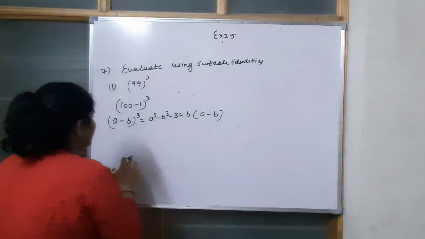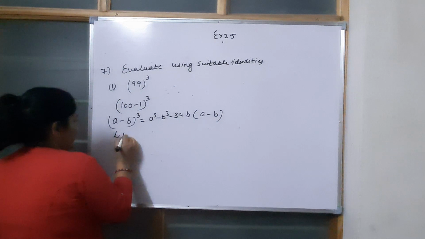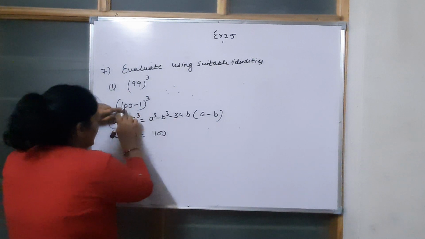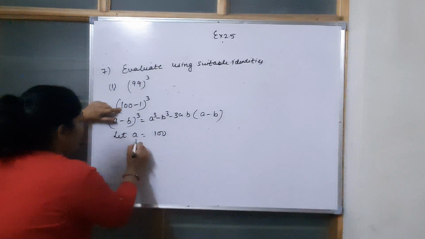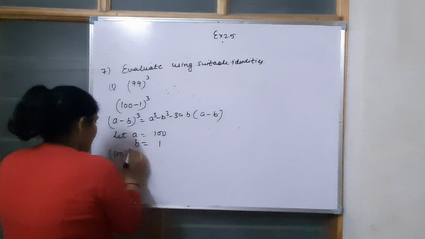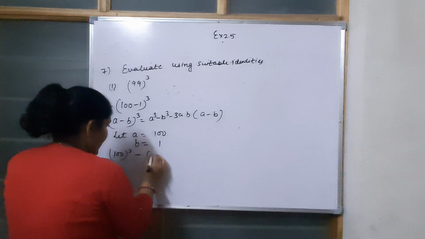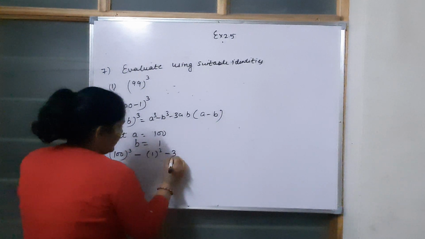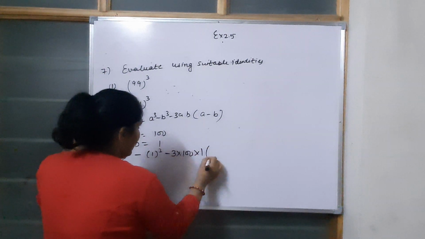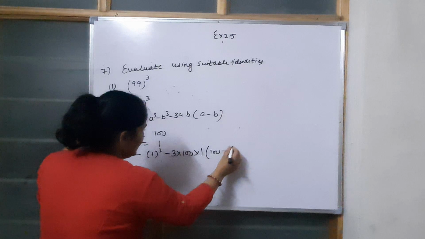Let a be equal to 100, and in place of b we will put 1. So a cube means 100 cube. Then we have minus b cube. Then we have 3 into a, where a is again 100 and b is 1. Now a minus b is 100 minus 1.